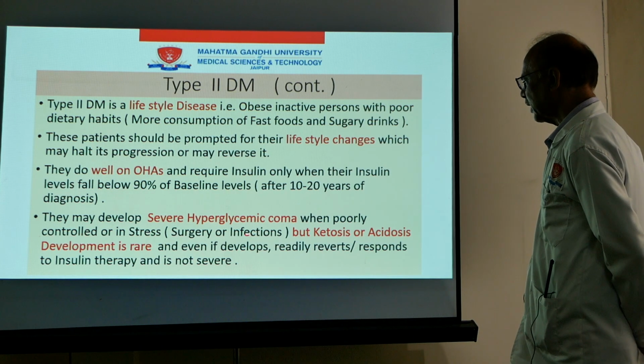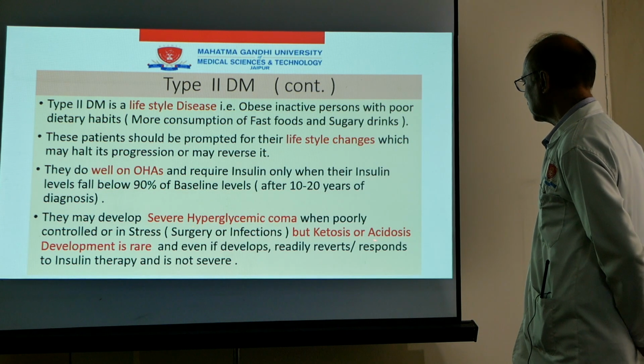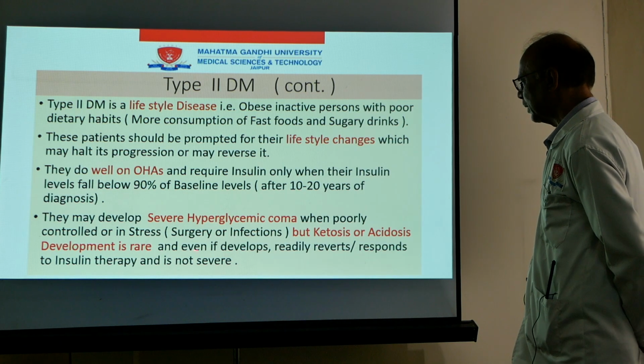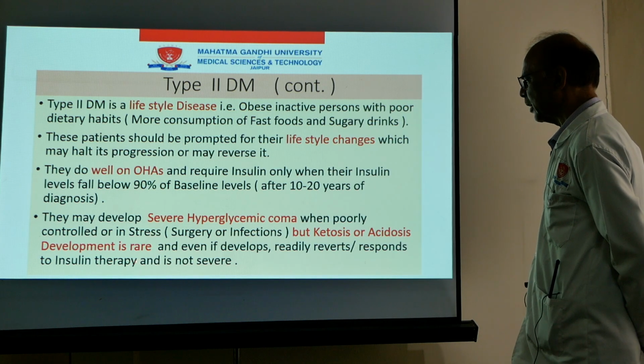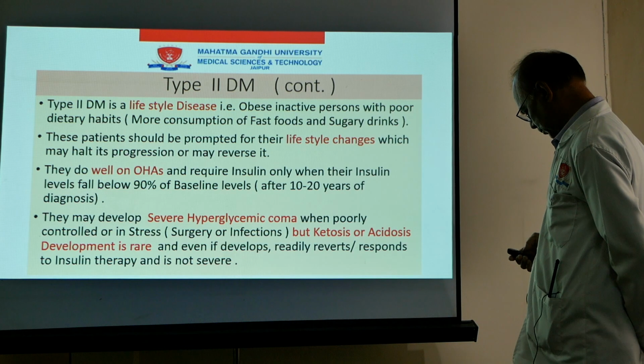So any surgery or infection can lead to severe hyperglycemic coma in these patients, but usually ketosis or acidosis is very rare, and if developed, it is readily reverted and they respond well to insulin therapy. Within 1 to 2 days, their ketosis will go away, and usually this hyperglycemia will revert well with treatment.